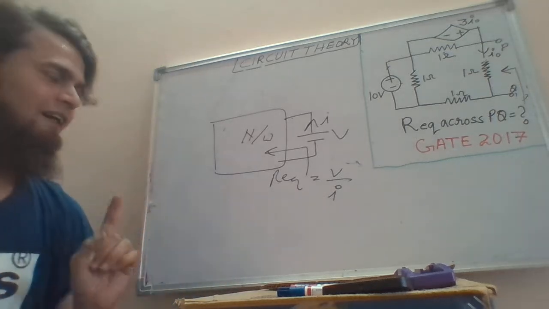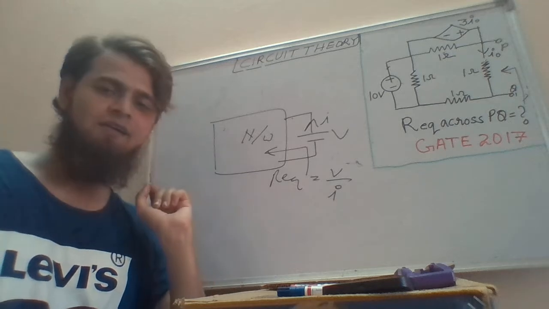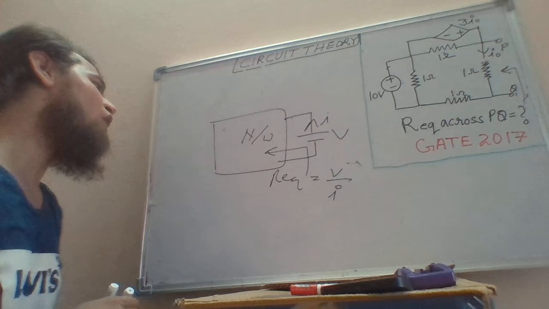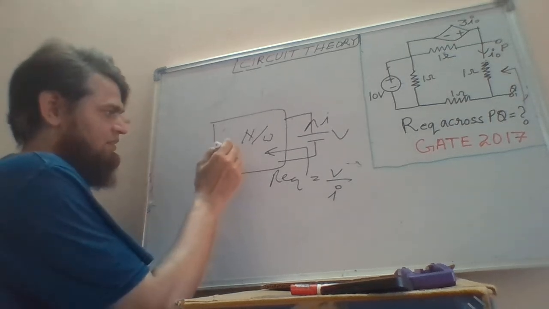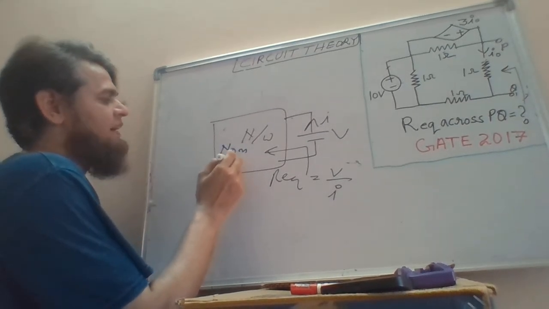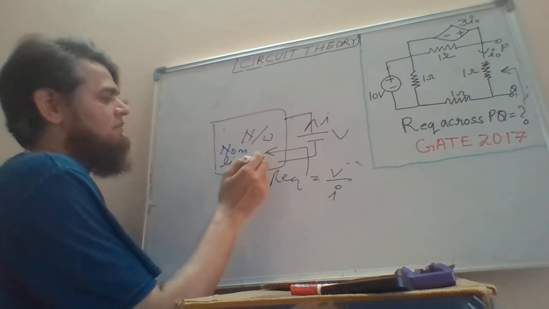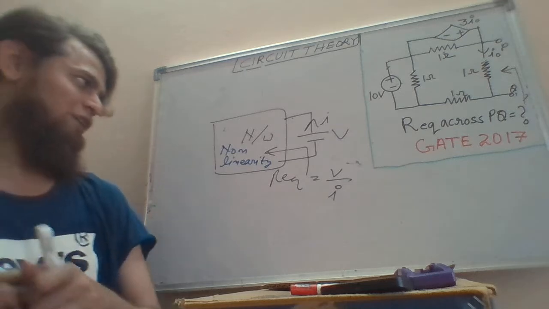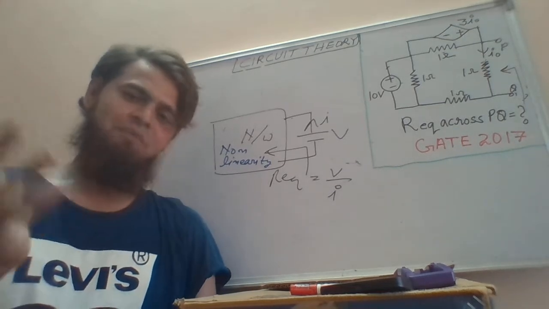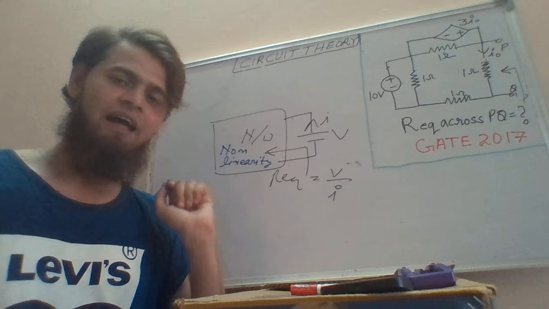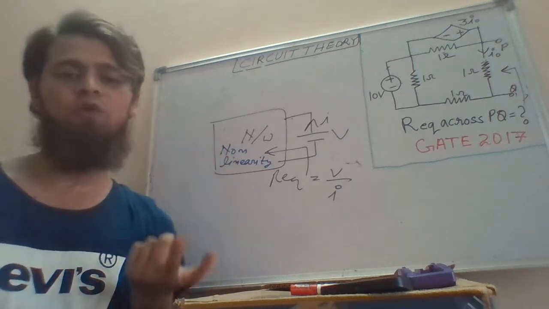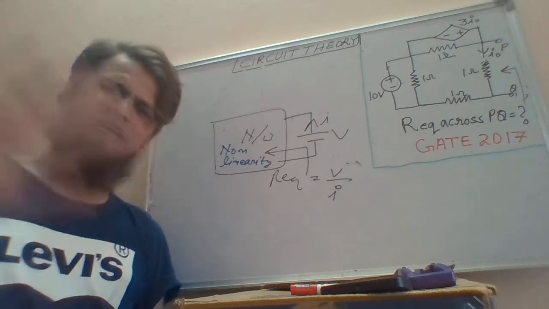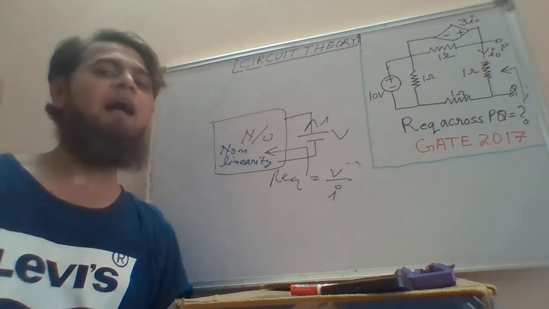Now see, if you will not kill the independent source, there is some non-linearity present in this network. So, अभी आपने V volt का battery लगाया. You have connected a battery of V volts, and that battery is supplying the current of I amperes. Now you can easily say that the R equivalent is V by I.